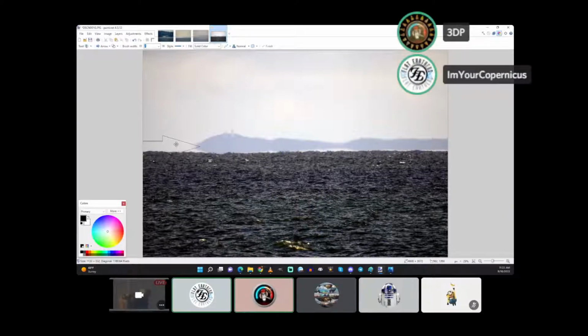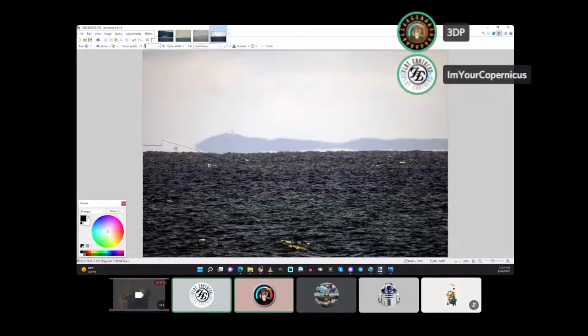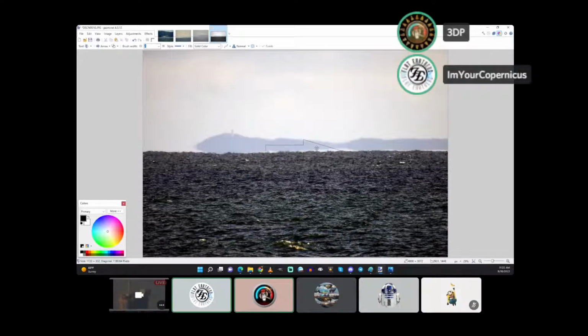The inferior mirage begins, an inversion of the island. This apparent sky here is a mirage. All along the surface of the water, here's the sky.